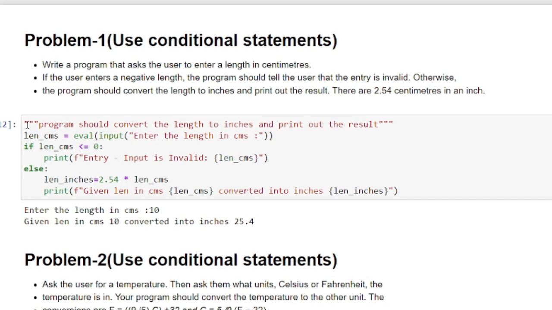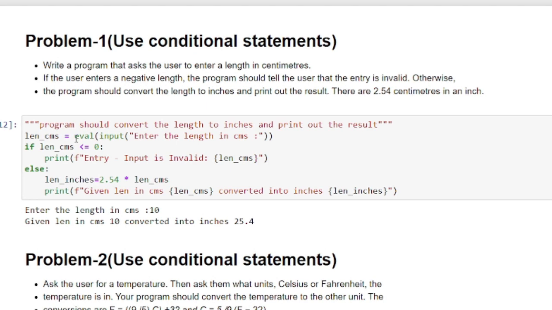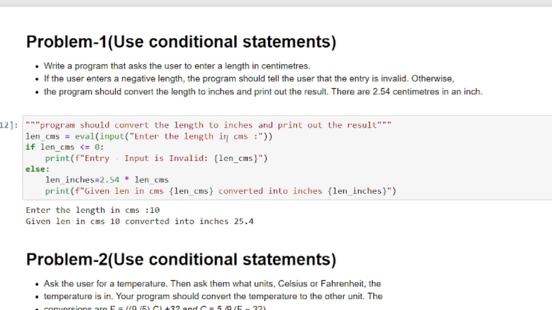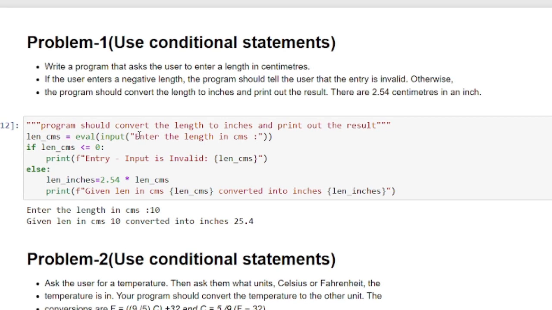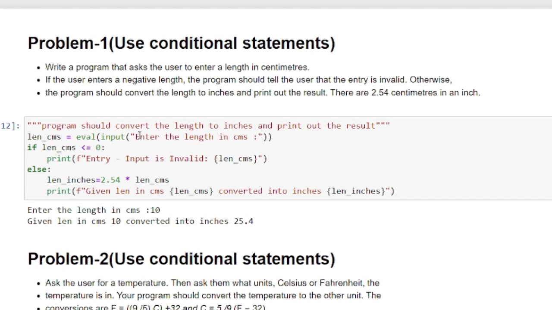So, this is the program. For the length in centimeters, I have given the input function, "Enter the length in centimeters." This is a message I am printing on the console, so that the user will not get confused and will get clarity.